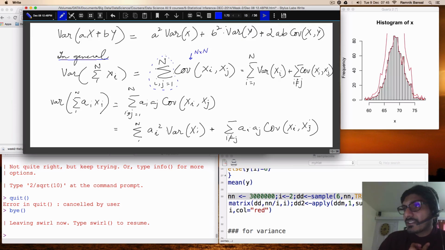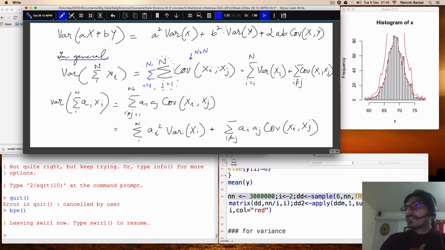A better way would have been this, wherein I put another summation here. N square it will be, right? So I could have put another one here, with i equal to 1 to n.